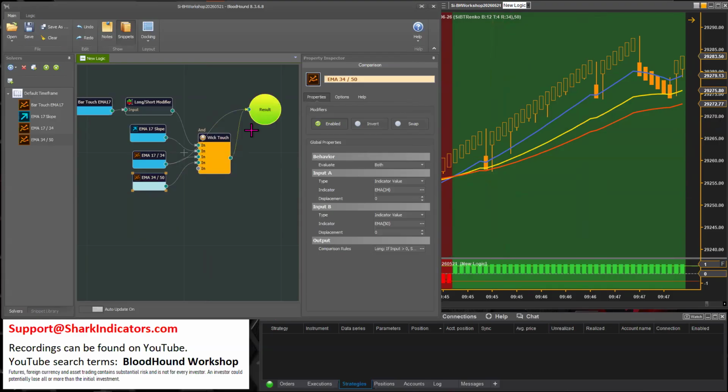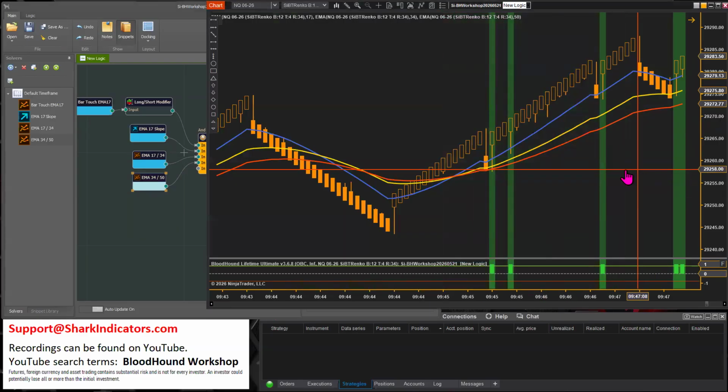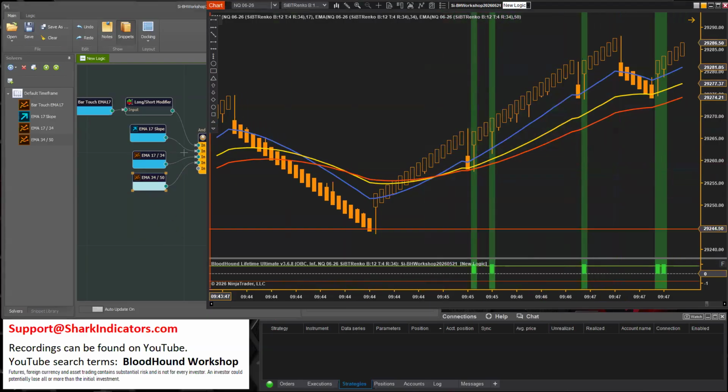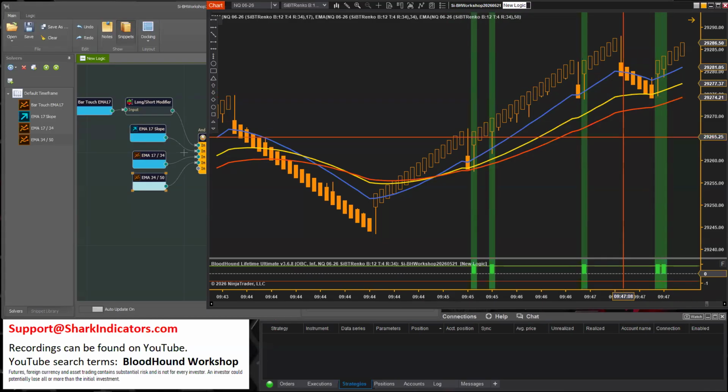So if we introduce basically another solver that has no long output, then that would kill that signal there. Right?